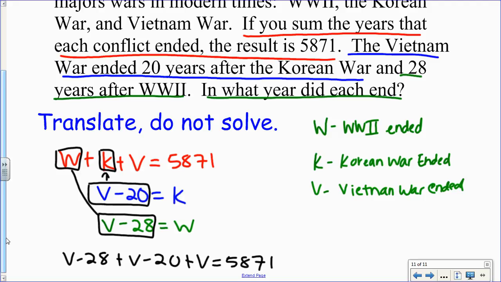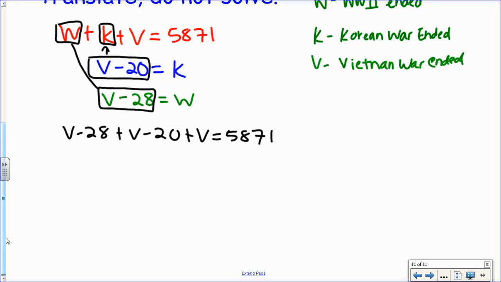And I can already get V. I'm down to just one variable there in that equation, so I can solve for V. Okay, we'll stop there.